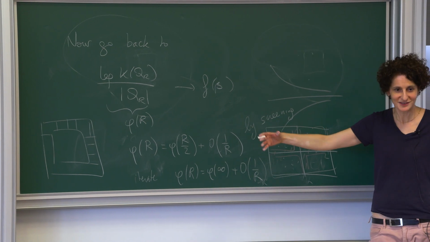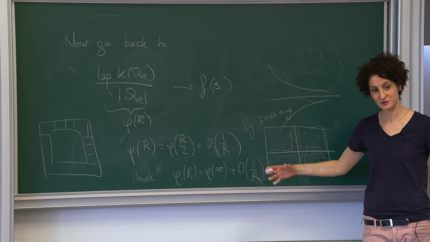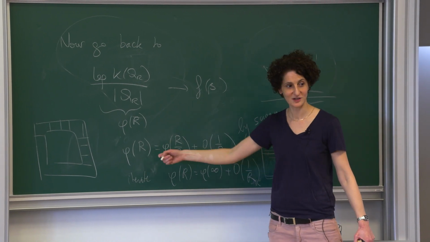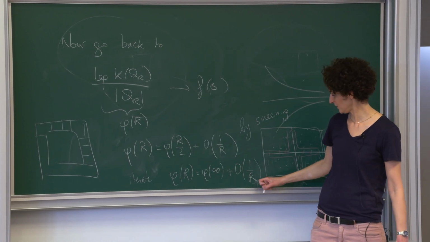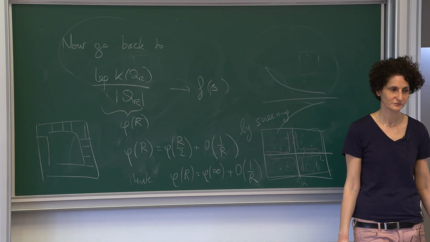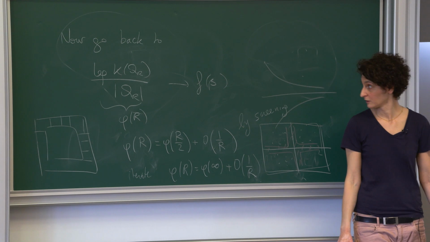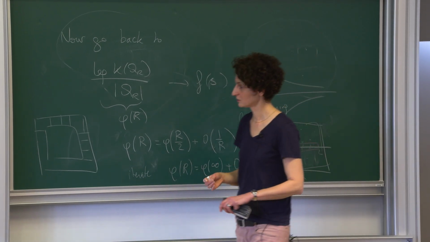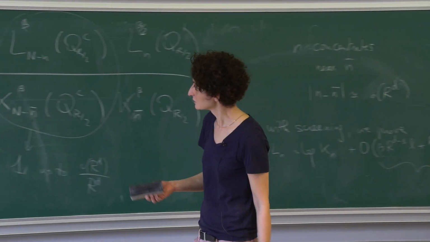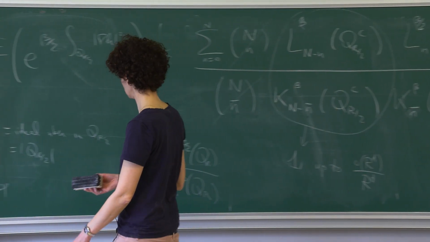You go up in scales. It says that when you go up, at each scale you can compare with the lower scale. So it tells you that you converge at speed at most 1 over r. So it gives you this thing, which is a theorem in itself.